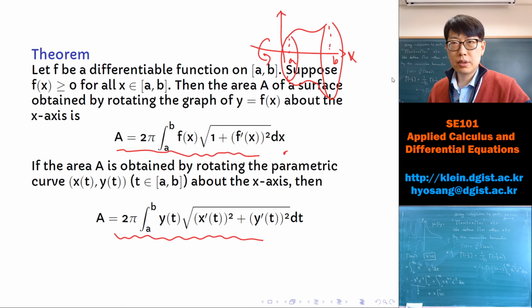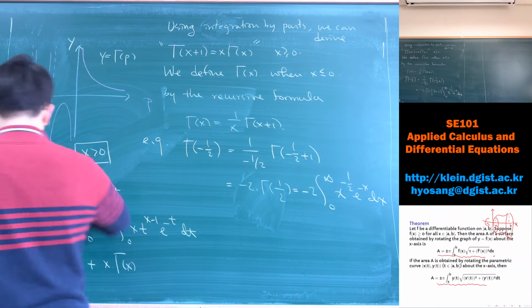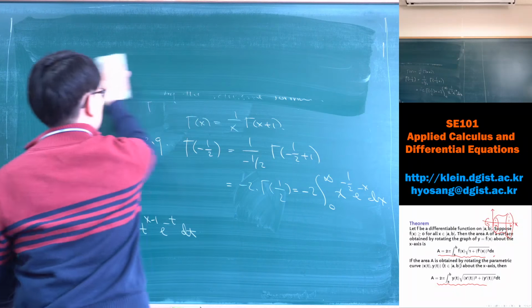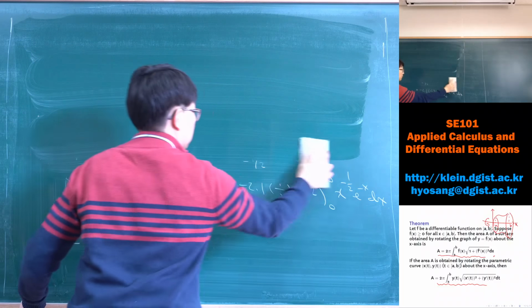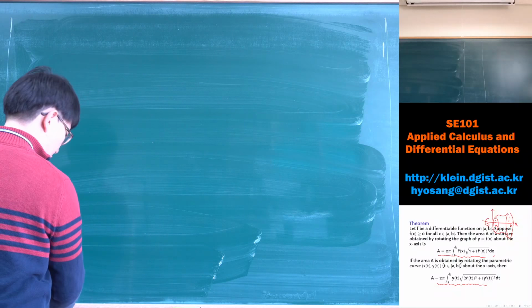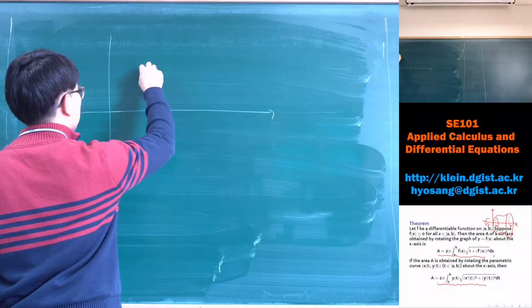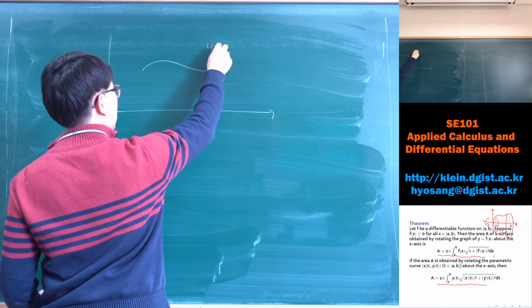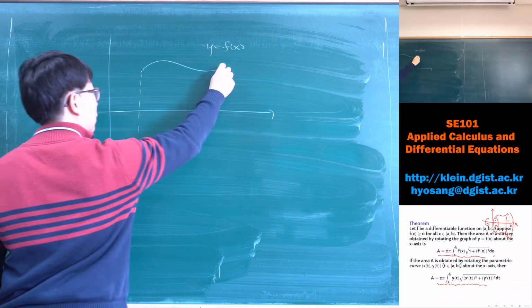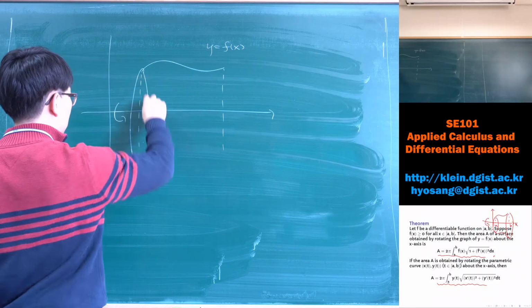Let me draw a bigger picture to explain this one. So here we have a graph y equals f of x, and we are taking a rotation here.